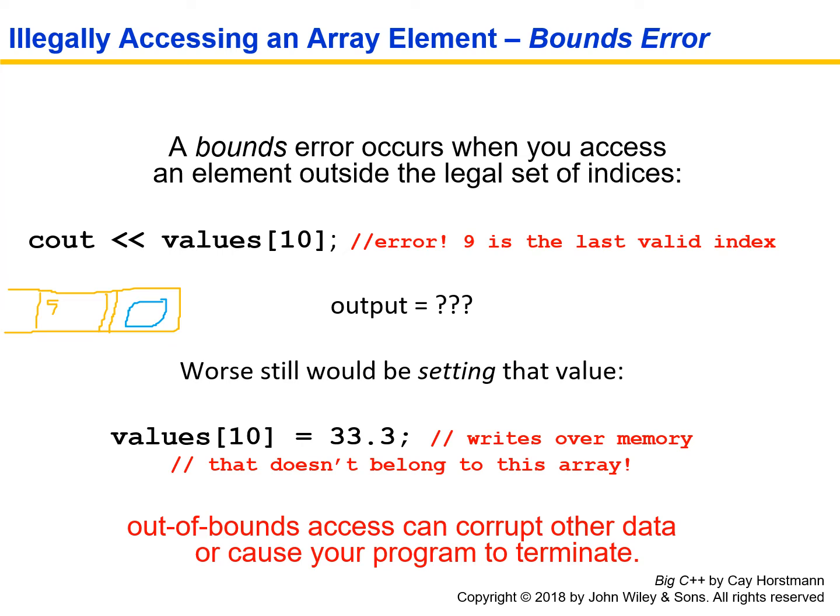Worse still would be trying to set that value. Values at 10 equals 33.3. That's going to try to write to this box, even though we may not have permission to write to that box. That might be outside our program's allowable memory, or it might be, like I said, another variable that our program is using for something else.